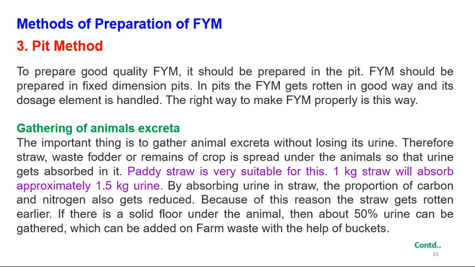Paddy straw is very suitable for this. 1 kg of straw will absorb approximately 1.5 kg of urine. By absorbing urine in straw, the proportion of carbon and nitrogen also gets reduced. Because of this, the straw rots earlier.